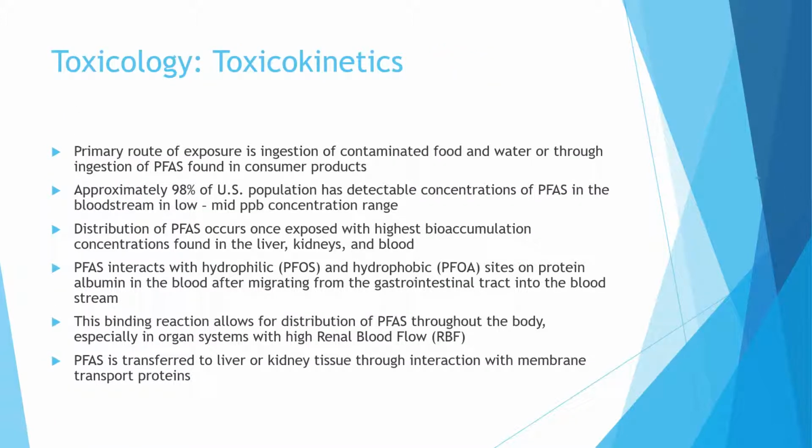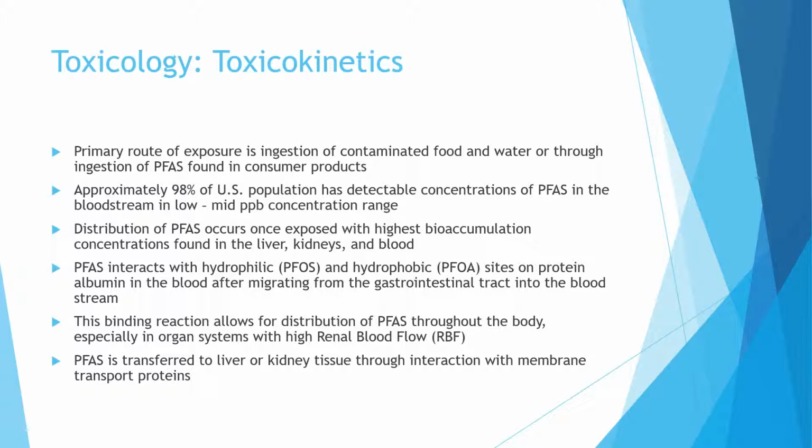Moving on to the toxicology of these compounds, the primary route of exposure is ingestion of contaminated foods and water, or through ingestion of PFAS found in consumer products. Approximately 98% of the U.S. population has detectable concentrations of PFAS in the bloodstream, usually in the low to mid parts per billion concentration range.